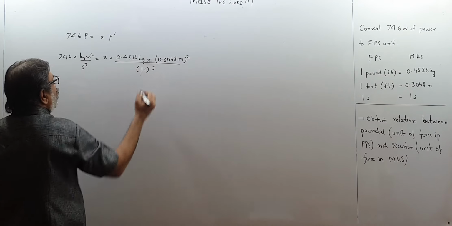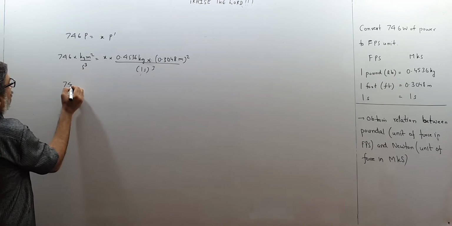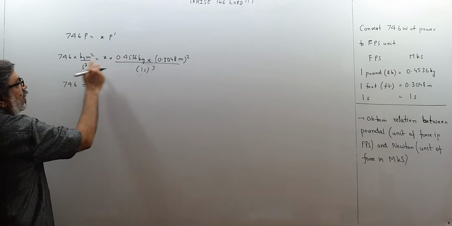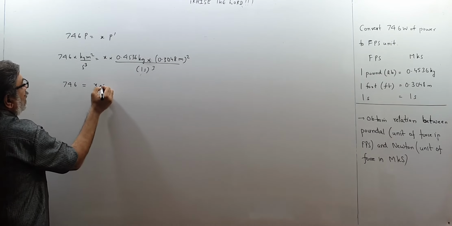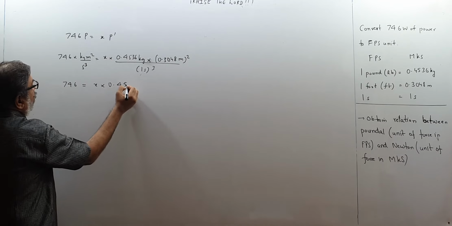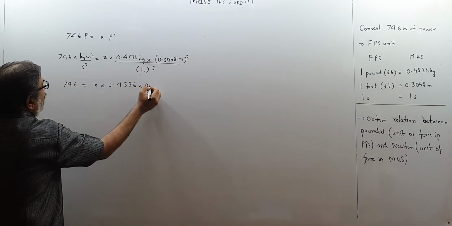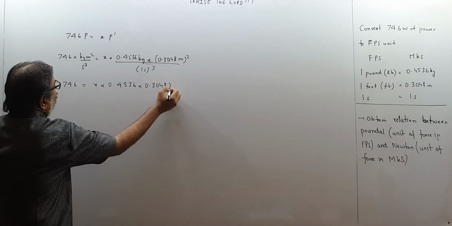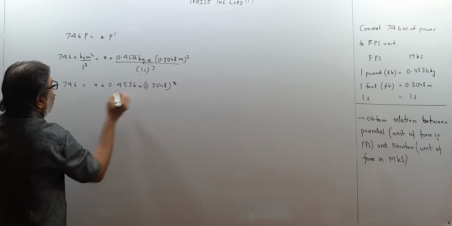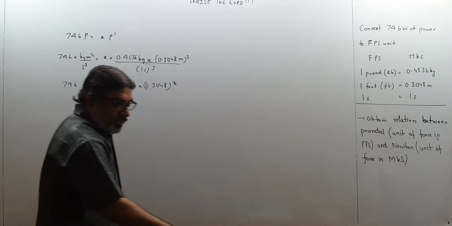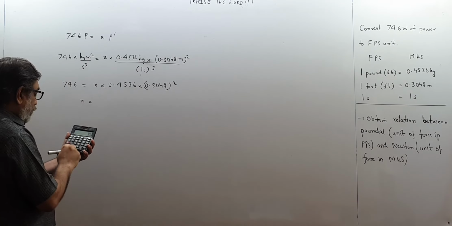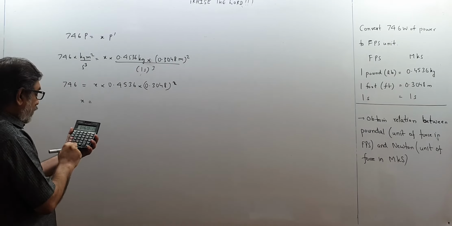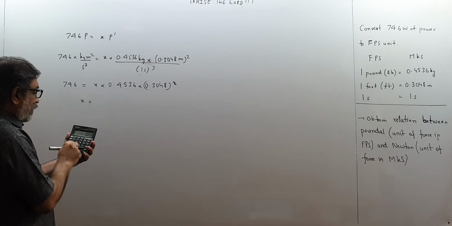So 1 second cube. So that means 746 becomes equal to, see kilogram gets cancelled, meter square cancelled out, second cube cancelled out. That becomes X into 0.4536 into 0.3048 square. From here I get value of X. If I divide it, see 746 divided by 0.4536 divided by 0.3048 divided by 0.3048.